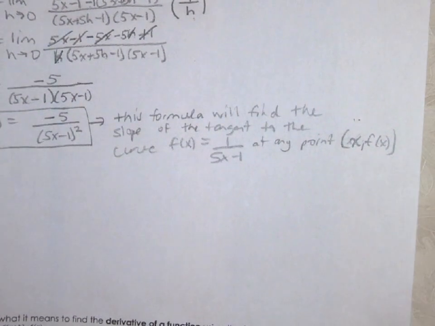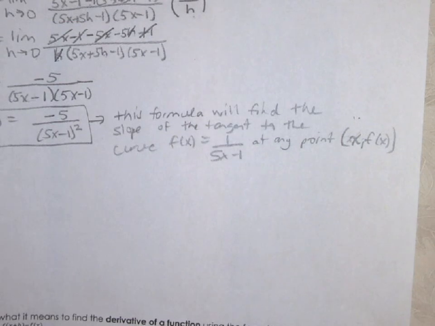So this formula will find the slope of the tangent to the curve f at x equals 1 over 5x minus 1 at any point x, f at x.